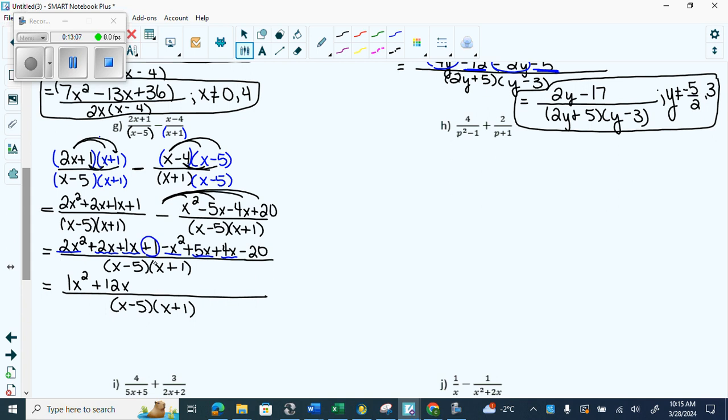And then 1 minus 20 is negative 19. I can't do anything with those. I made this aggressively long line for some other reason. And what do I still have to do? NPVs. So x can't equal 5 and then minus 1.